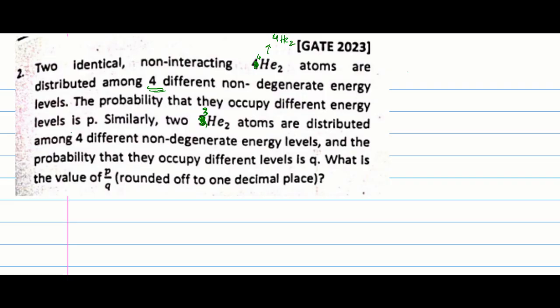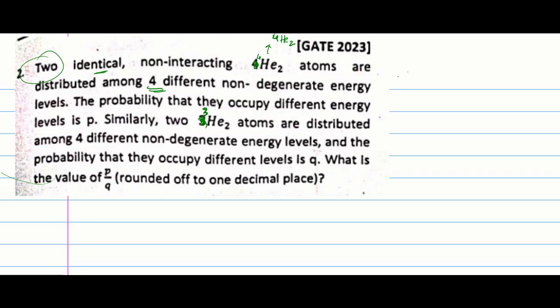There are two identical, non-interacting particles. Four He2 atoms are distributed among 4 different non-degenerate energy levels.